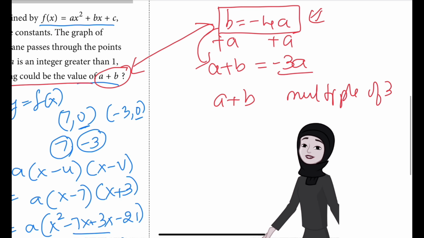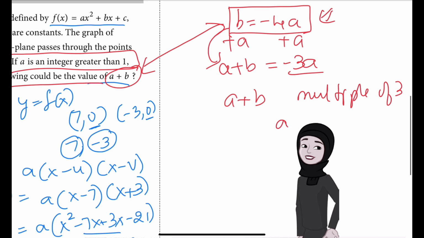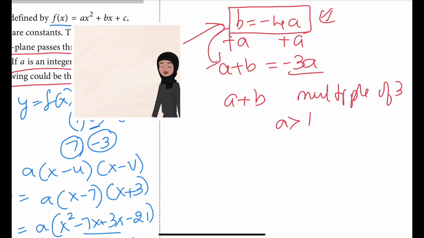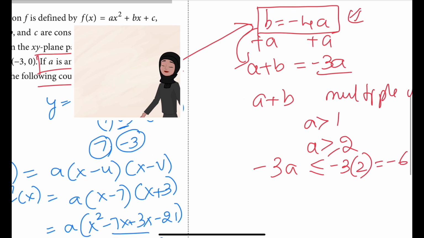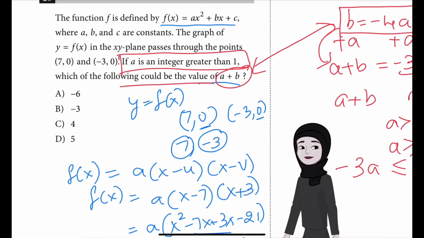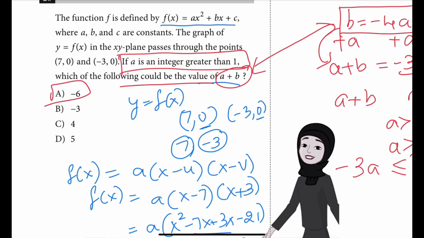It's also mentioned here that a is an integer greater than 1. So that means we have to choose a which is greater than or equal to 2. So minus 3a is less than or equal to minus 3 times 2. It follows that the value of a plus b is less than or equal to minus 3 times 2, which is minus 6. Now let us compare the choices, and only answer choice A is able to match that.